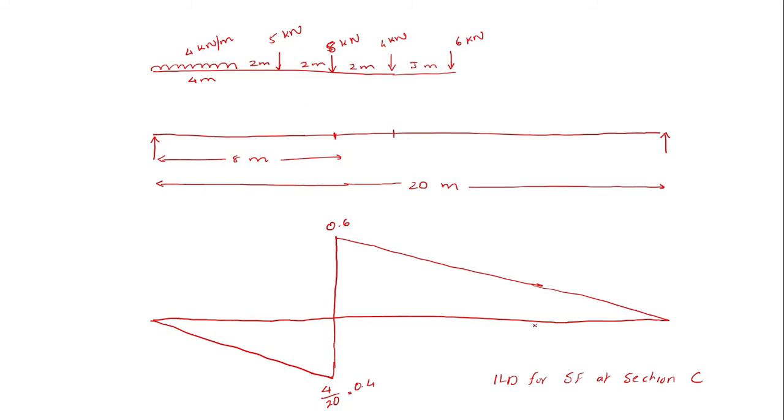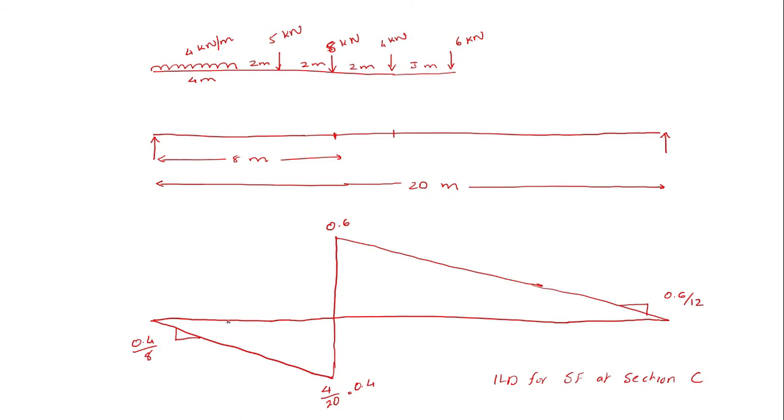Now as I told you earlier, I find the corresponding slopes at both these lines. This corresponding slope will be 0.6 divided by 12, and this corresponding slope will be 0.4 divided by 8.